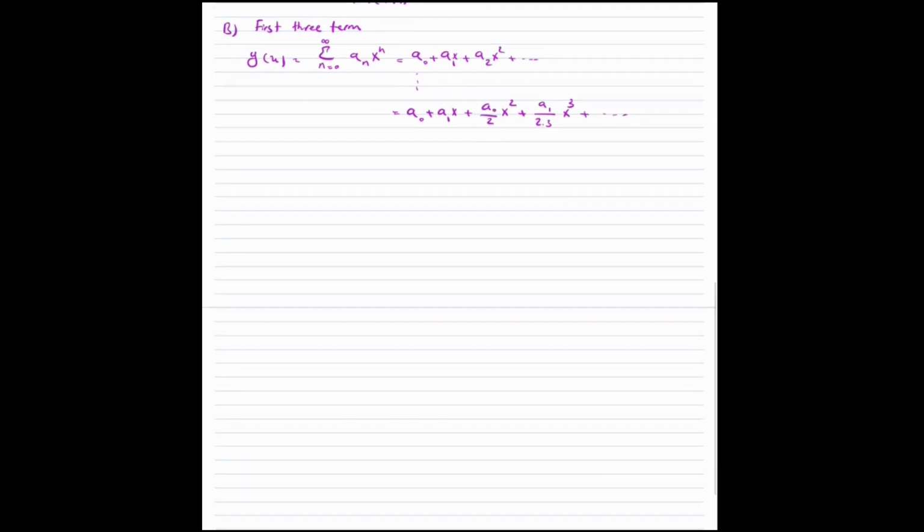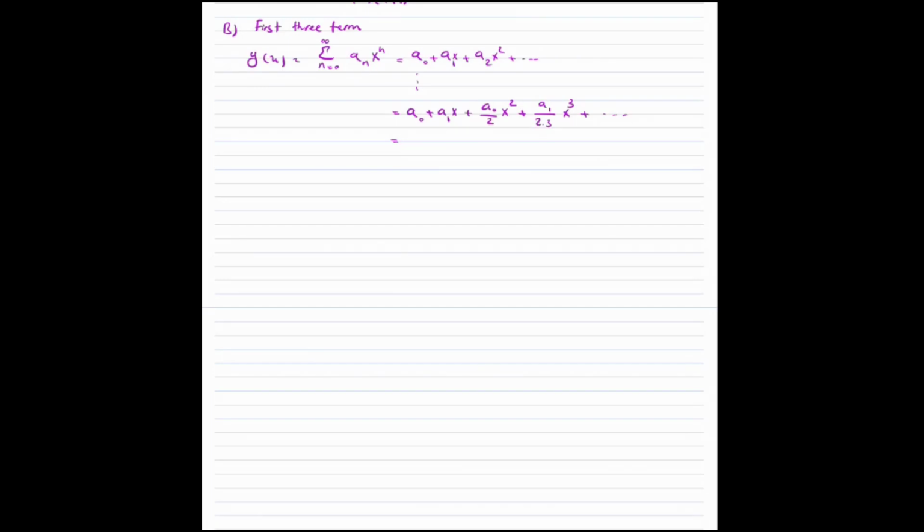a0 plus a1 x plus, what is our a2? Our a2 is a0 over 2 multiplied by x squared. What is our a3? It is a1 over 2 by 3 times x cubed. And our a4 is a0 over 2 by 3 by 4 multiplied by x to the 4.